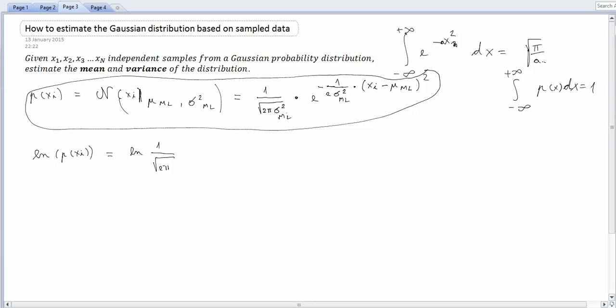Minus the logarithm of the square root of 2 pi sigma squared maximum likelihood, plus, and of course the logarithm of e to the power of something equals something, minus 1 over 2 sigma squared maximum likelihood multiplied by xi minus mu maximum likelihood squared.